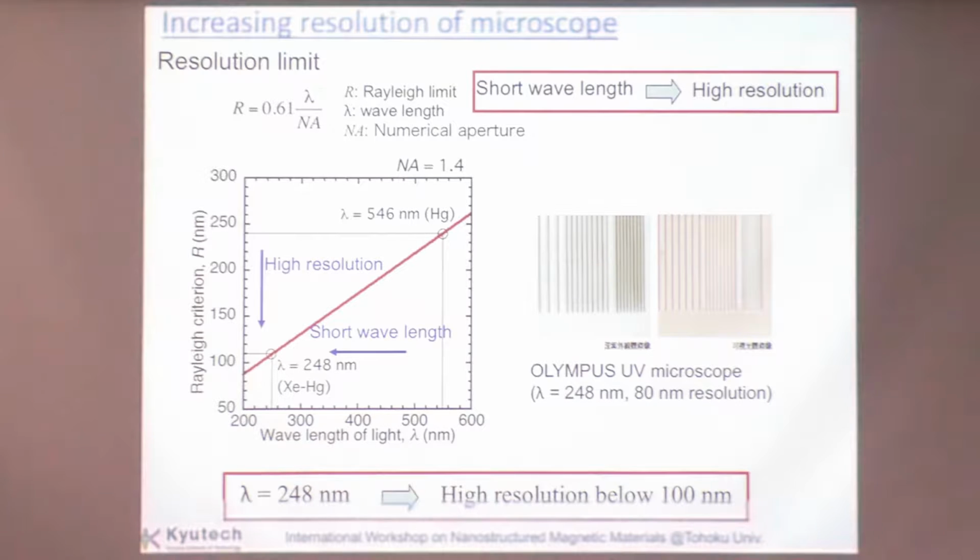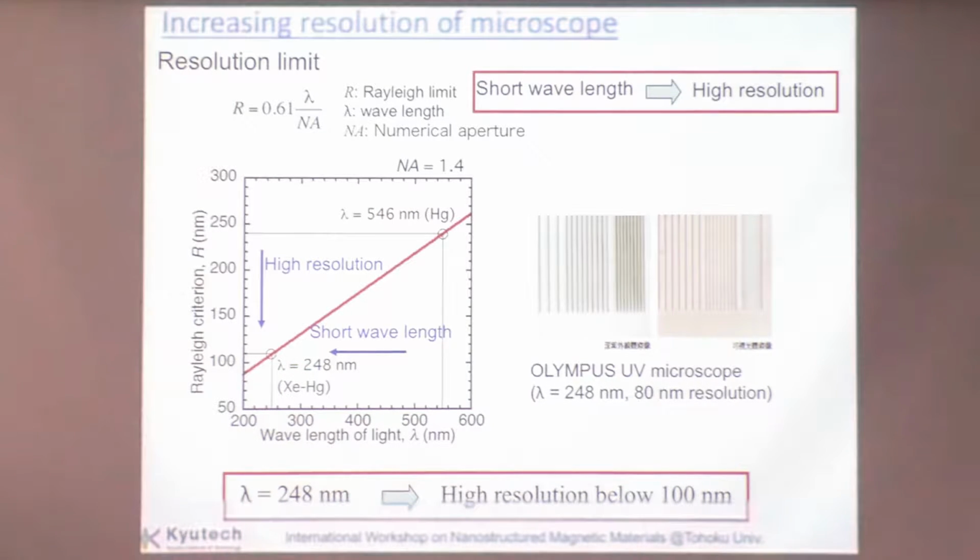The wavelength of the light and the numerical aperture of the objective lens decide the resolution limit, so short wavelengths produce high resolution. This figure shows the dependence of the resolution limit on wavelength. About 100 nanometer resolution can be obtained by using ultraviolet light.